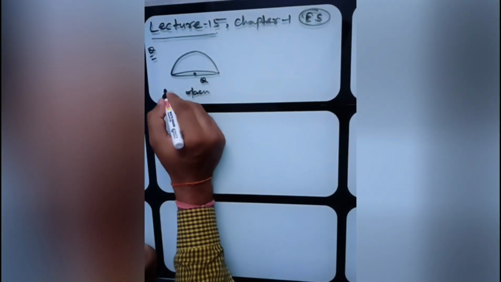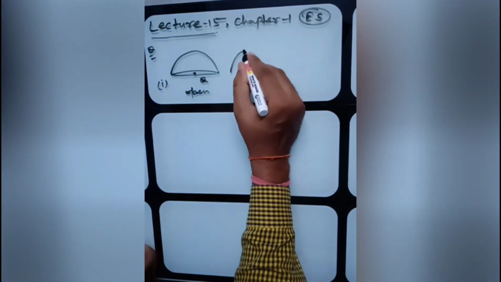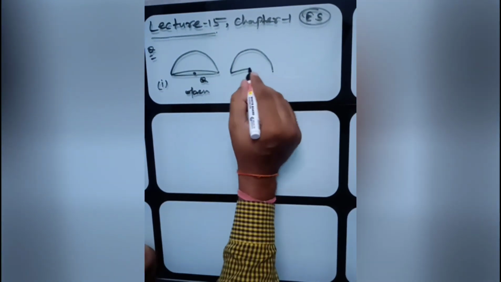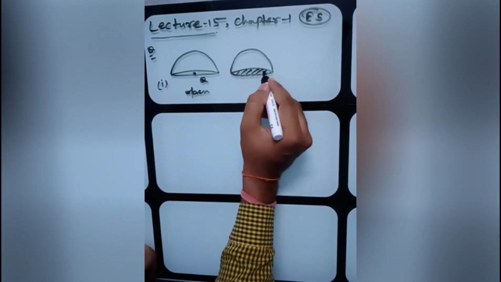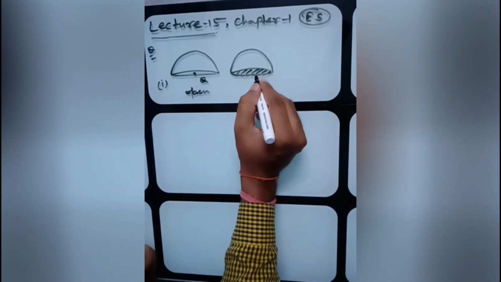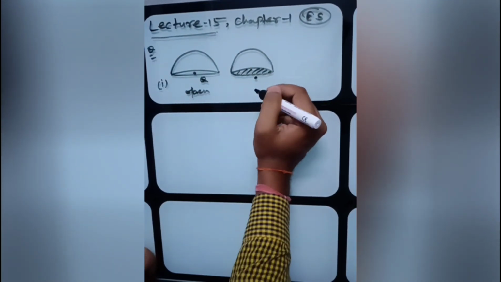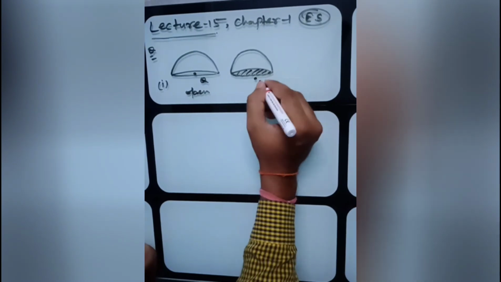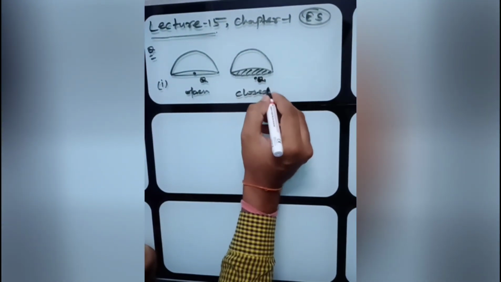This is diagram 1. Now again a hemisphere, and this hemisphere is closed, and the charge is placed just outside, above this closed surface. This charge is placed, and this is a closed hemisphere.